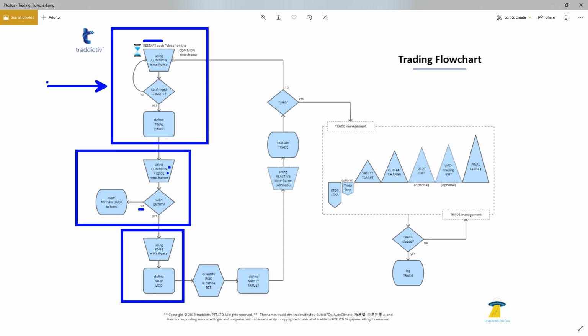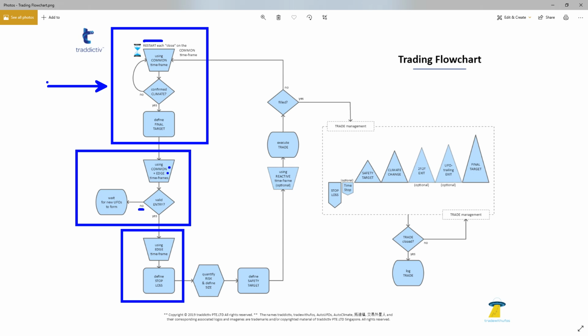That's how I do it for myself. Normally, though not always, you would find nearer targets with a common time frame, and further away targets with the next common time frame. So what I like to do best is look at both the common and the next common time frame and pick the nearer target.